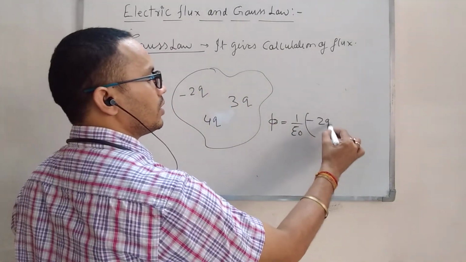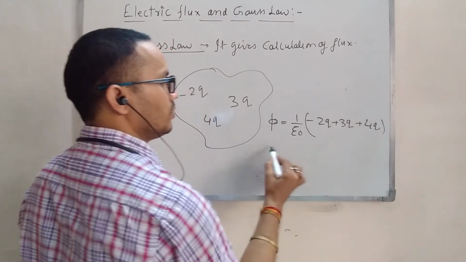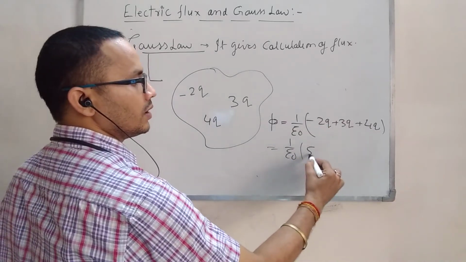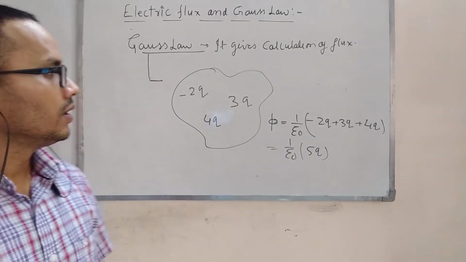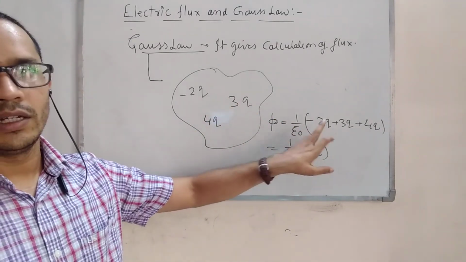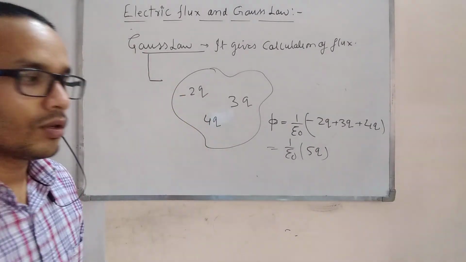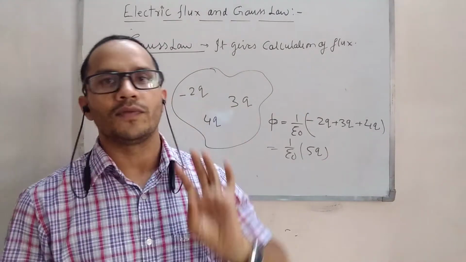So minus 2q plus 3q plus 4q. It will come up 7 minus 2, that is 5q. This is the actual meaning of the algebraic sum. When you use the sign, then it is known as an algebraic sum. This is the Gauss law. The Gauss law gives the idea of calculation of the electric flux through any surface.